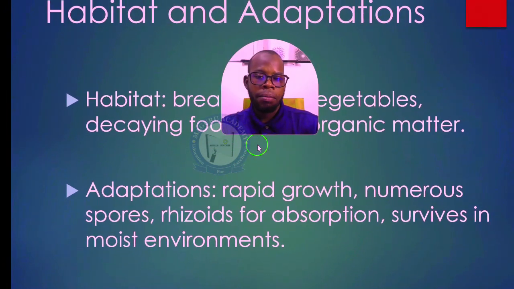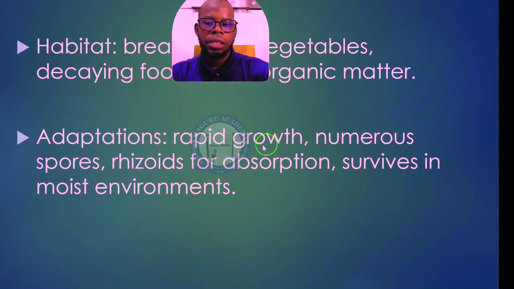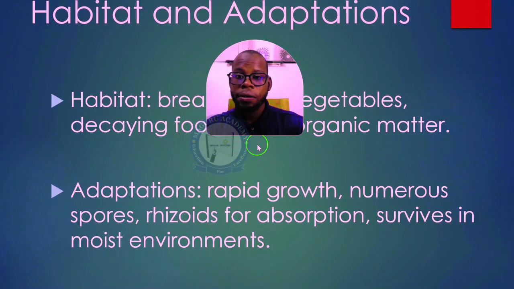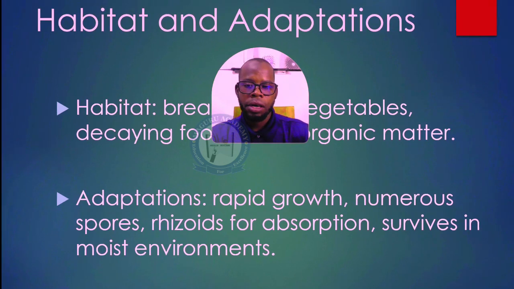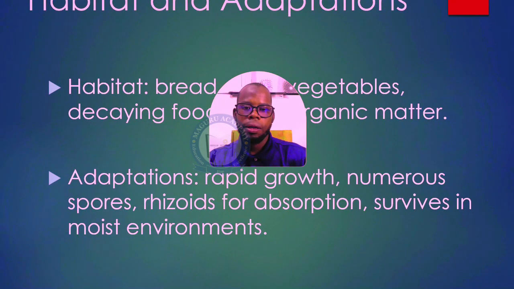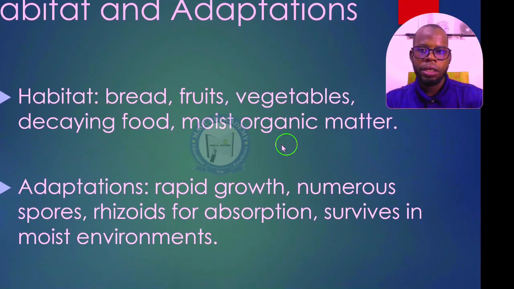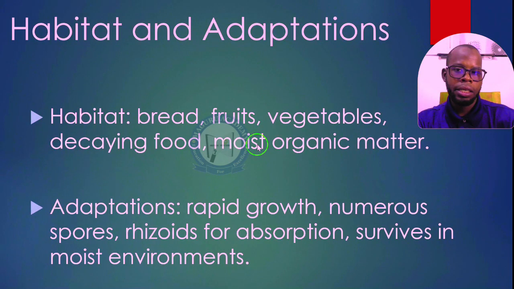It has adaptations: rapid growth, numerous spores, rhizoids for absorption, and it survives in a moist environment. That is the adaptation of this organism to grow on those organic materials.